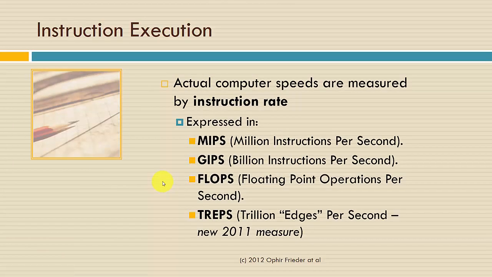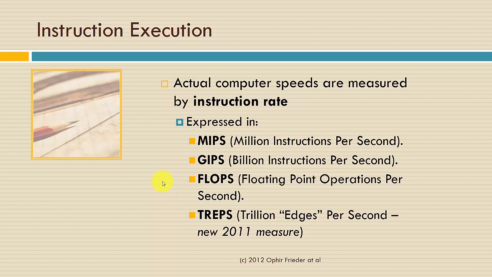Instruction execution. Here it talks about instruction execution. They can be measured in million instructions per second, billion instructions per second. If you're doing floating point operations, that means you're doing decimal numbers. How many flops can it do per second, or floating point operations per second? And TREPS, which is trillion edges per second, and as it says, a new 2011 measure.